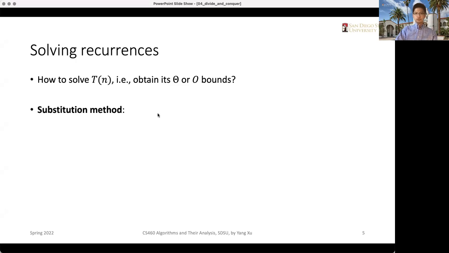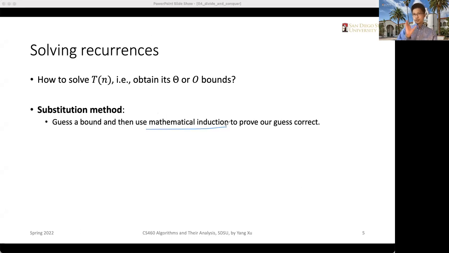Okay, so the methods that we will introduce in this chapter include the substitution method. Okay, so this method relies on mathematical induction. Okay, so it's a technique to prove a statement from some guess we have, from a smaller case to a bigger case, until all cases are proved.